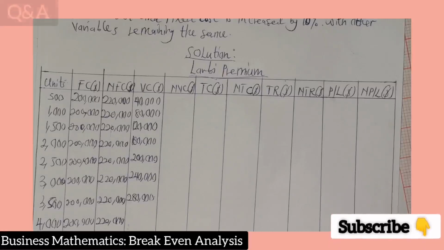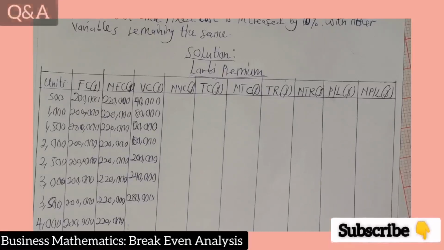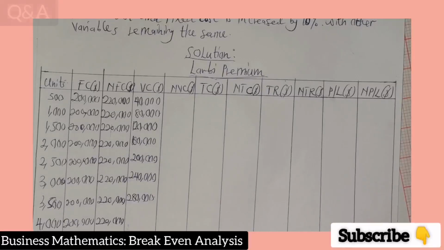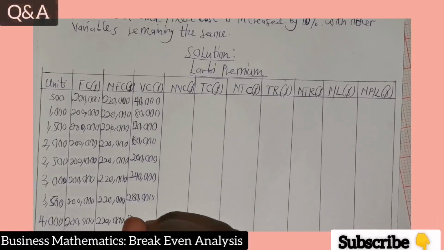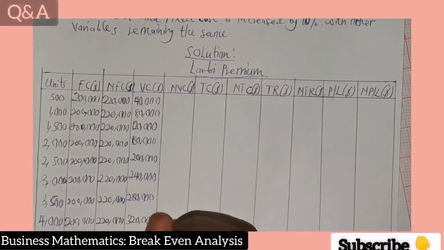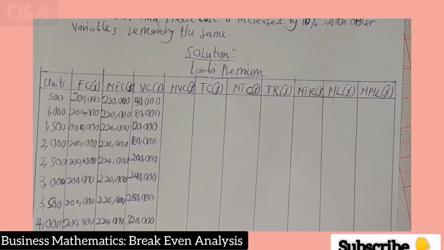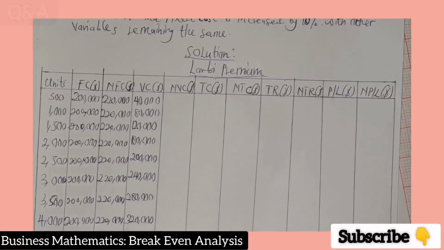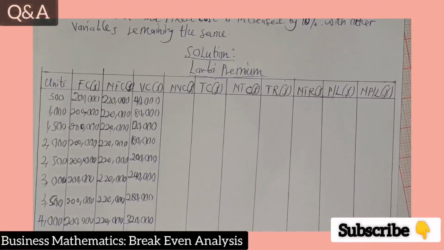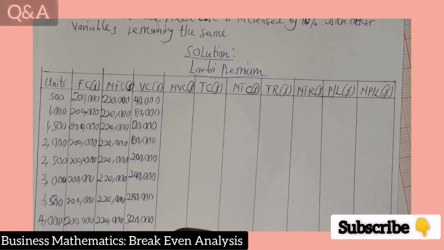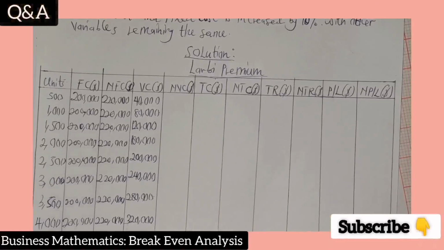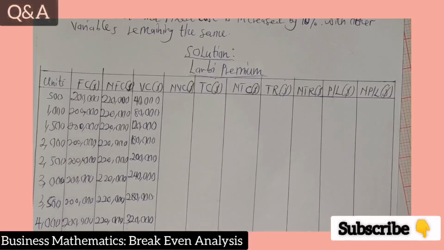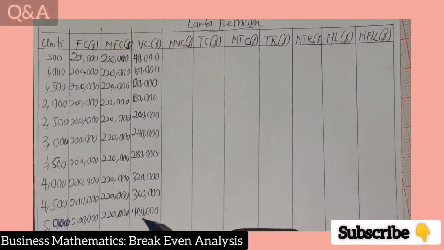Then the same 80 multiplied by 4,000, I had 320,000. Then the same 80 multiplied by 4,500, then I had 360,000. So it's going to go and go until you get to the last. That's how it's going to be. Then you're going to get here to what?